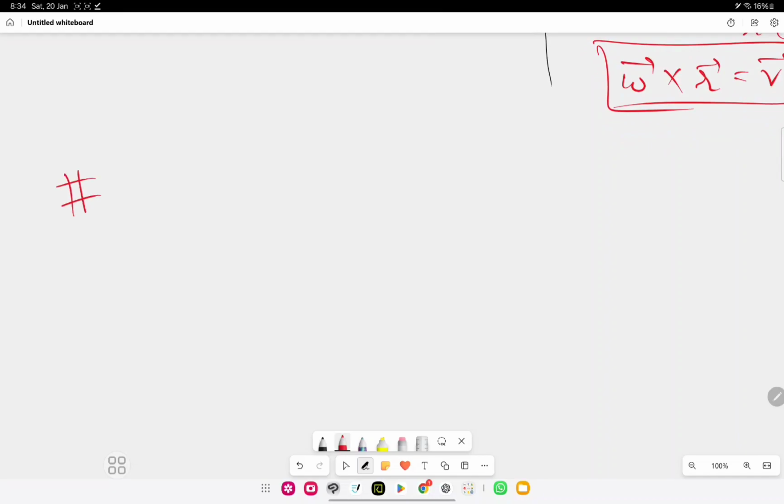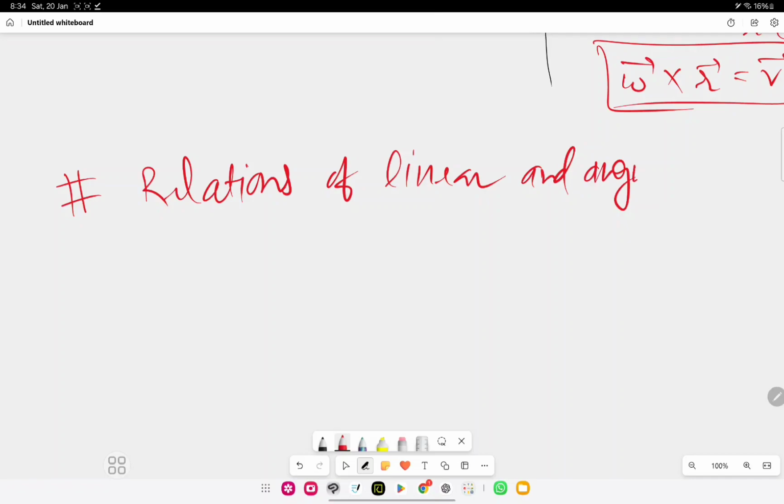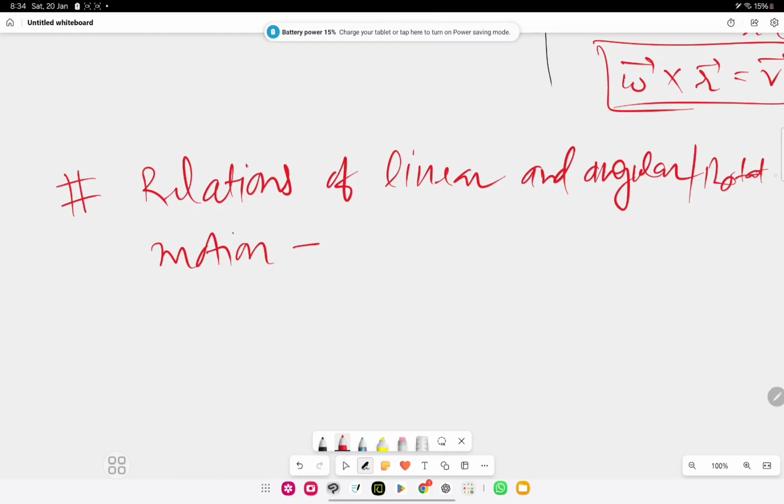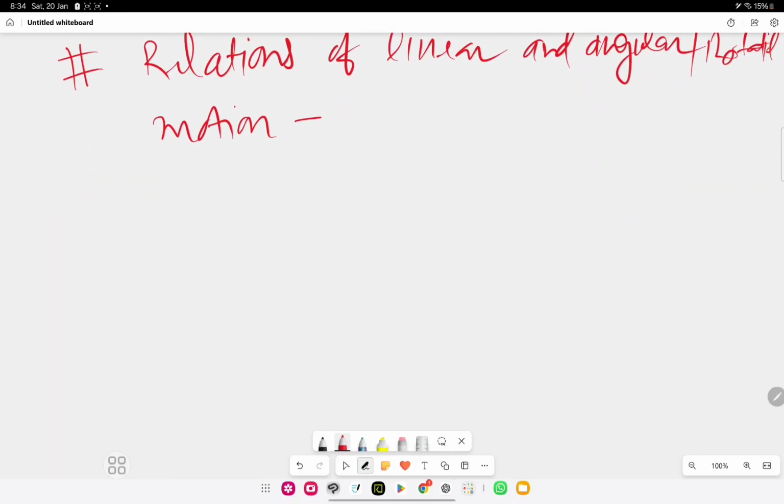So here we are going to talk about the relations of linear and angular or rotational motion. What are these relations?